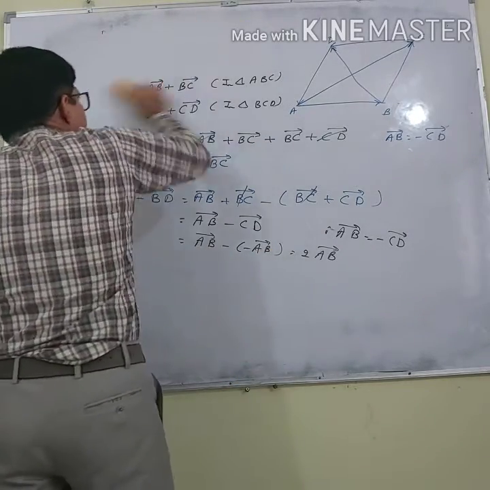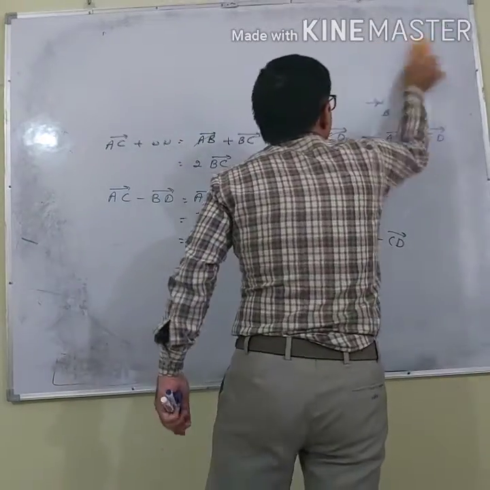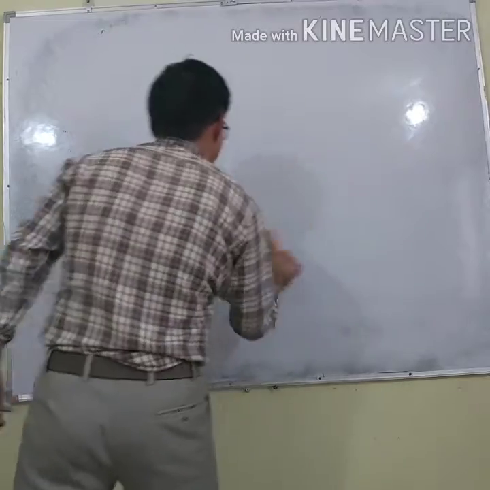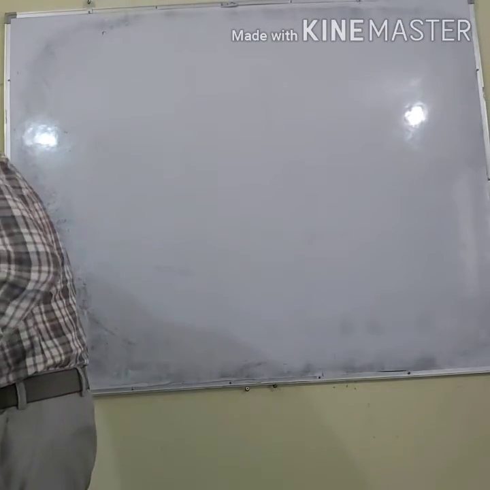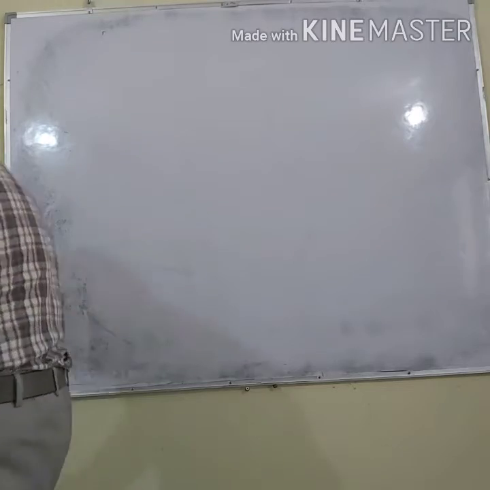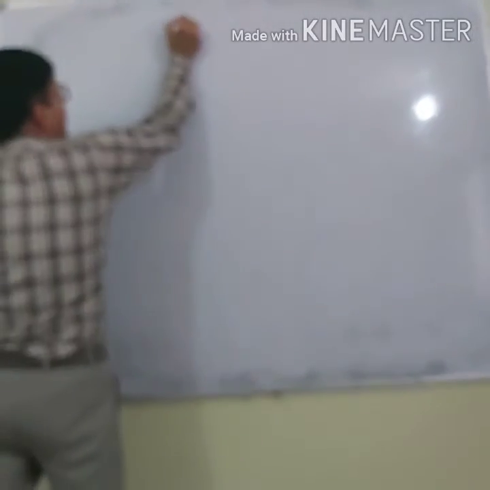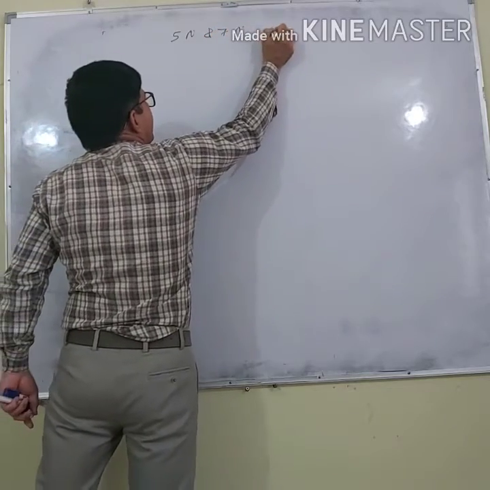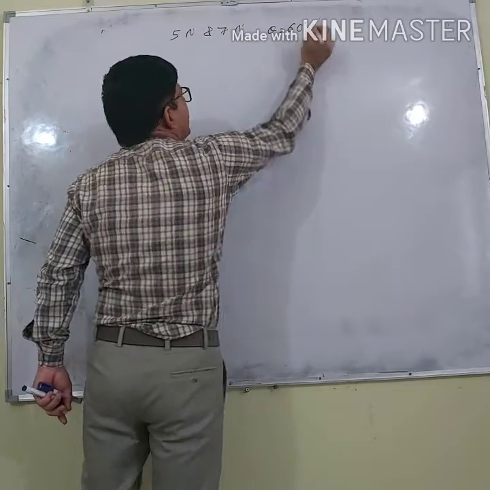Now, the next question: you are given two vectors, 5 Newton and 7 Newton, having an angle of 60 degrees.